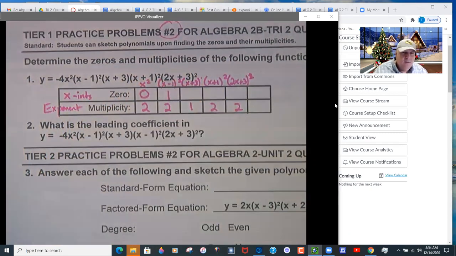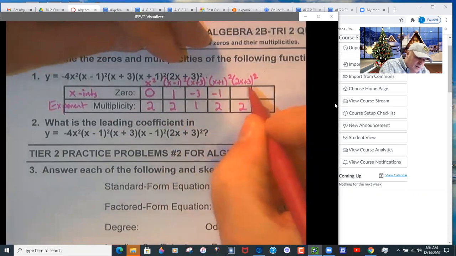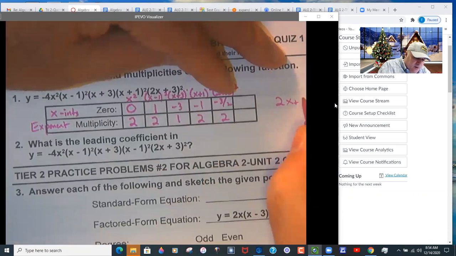X-intercepts. So if you have x as a factor, then 0 is the 0. If you have x minus 1 as a factor, then 1 is the 0. If you have x plus 3 as a factor, then -3, and -1, and -3/2. So if you can't figure it out, you set it equal to 0, and then that'll get it figured out.